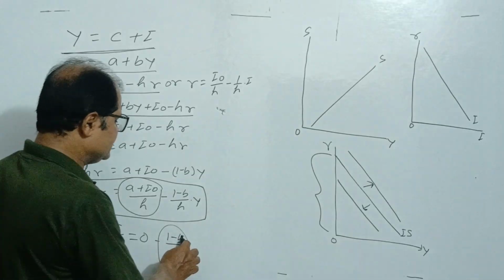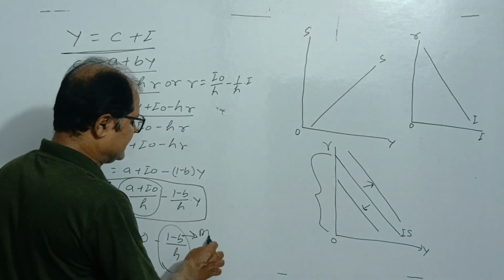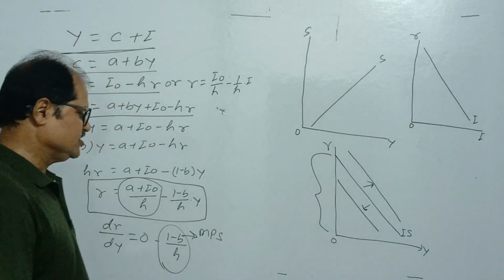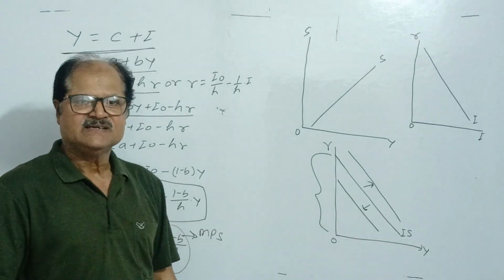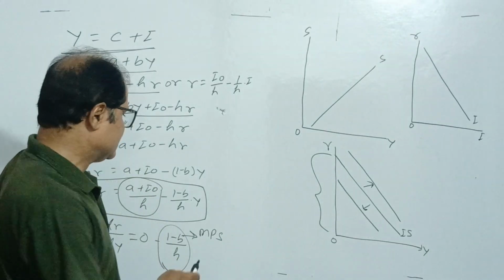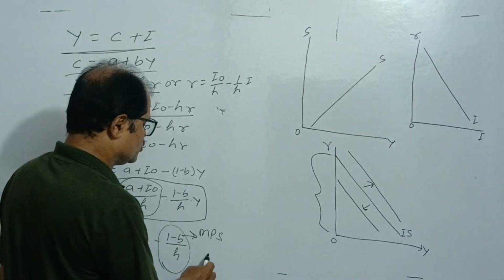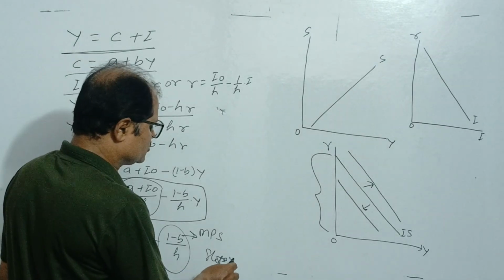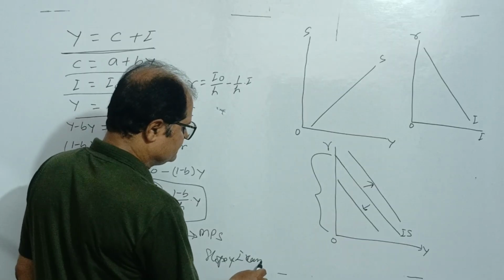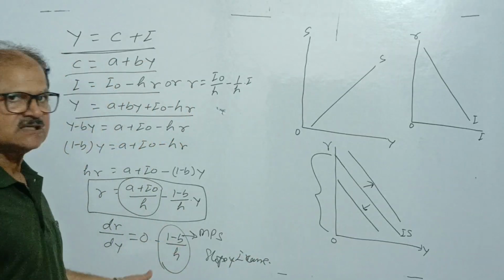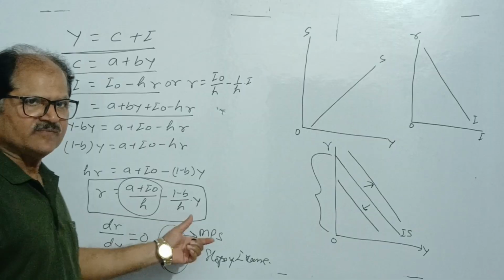One is 1 minus b, which is nothing but MPS, the marginal propensity to save, and h, or the interest sensitivity of investment, or we can say the slope of the investment curve. These two factors affect the slope of the IS curve.